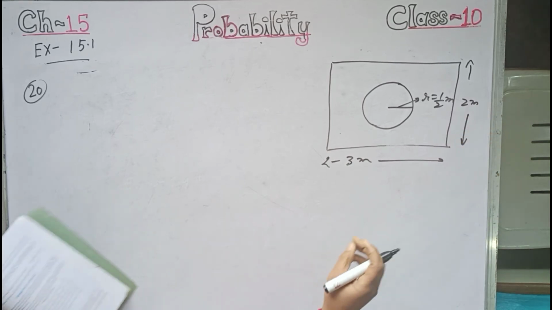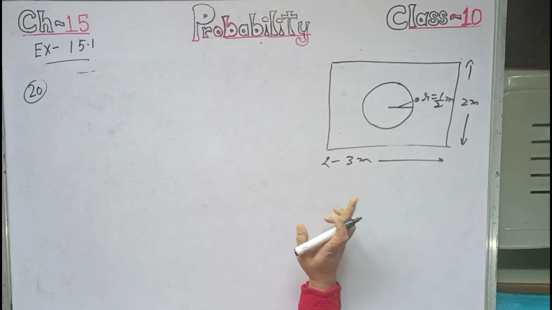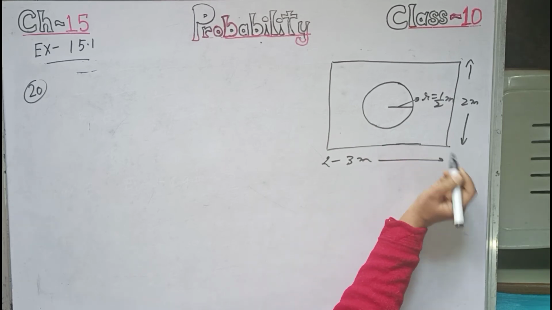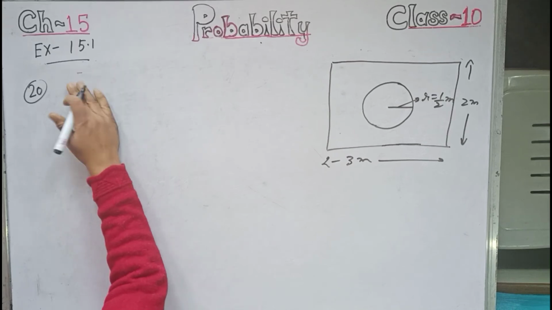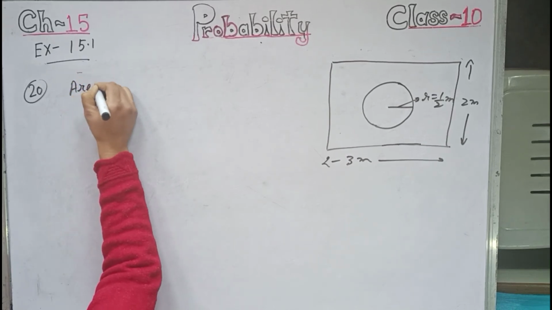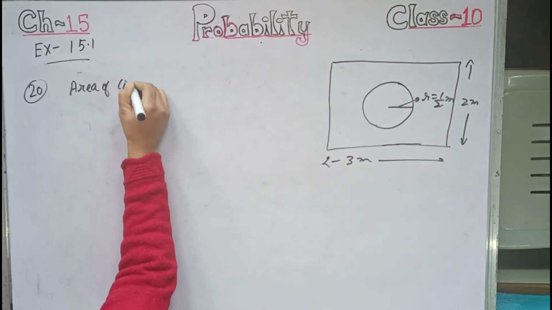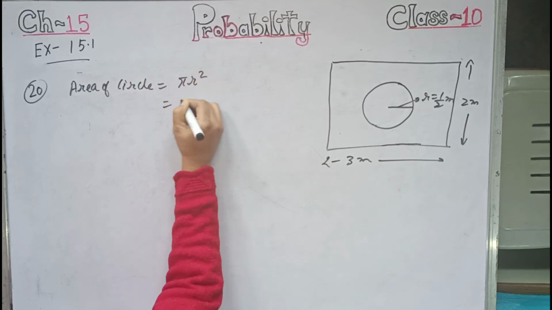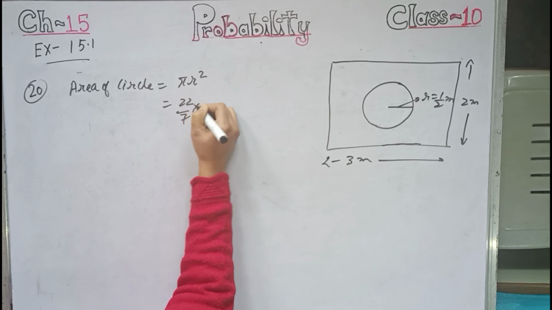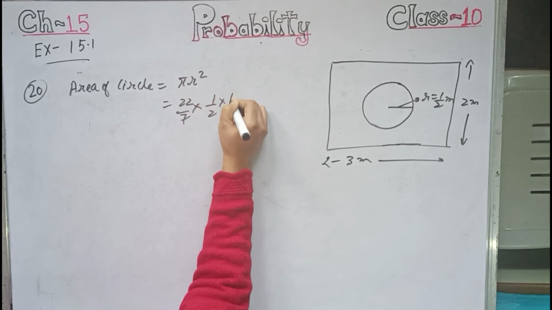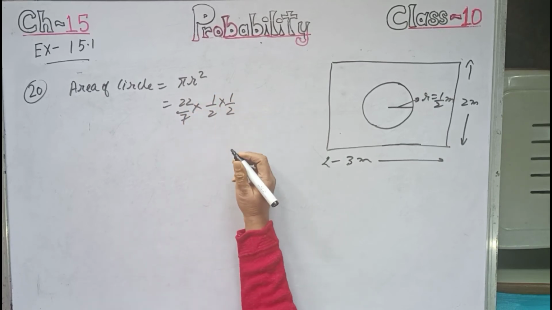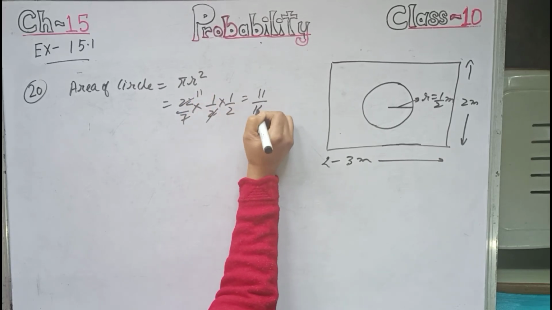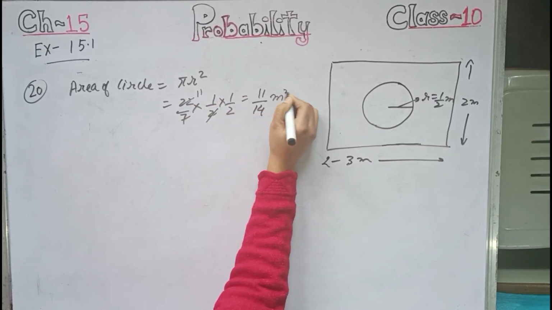So probability that it will land inside the circle, like this similar sum we have done in the introduction video. So area of circle equals to pi r square equals to 22 by 7 into half into half equals to 11 by 14 meter square.